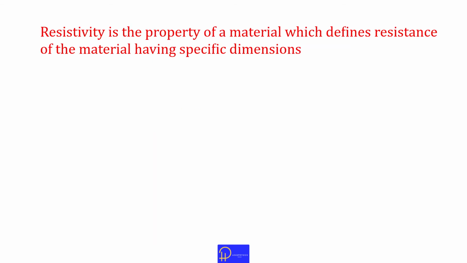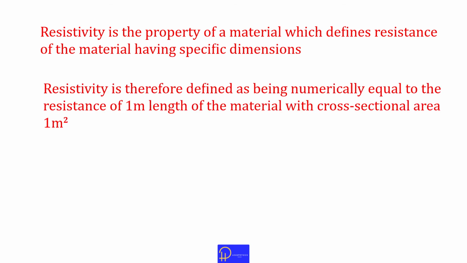Resistivity is a property of a material which defines the resistance of a material having specific dimensions. Resistivity, therefore, is defined as being numerically equal to the resistance of 1 meter length of the material with cross-sectional area 1 meter squared. The symbol for resistivity is rho, and its unit is ohm-meter.